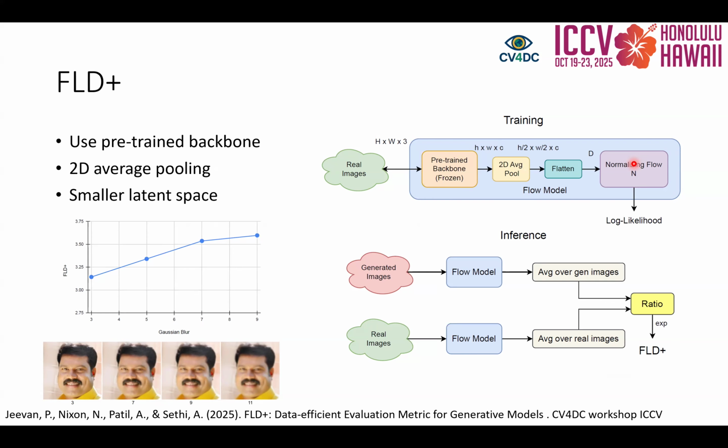And again, all the benefits of both models are there. We have a smaller latent space, which makes it very fast to train and to do inference, which will help in evaluating the models even in the validation steps.